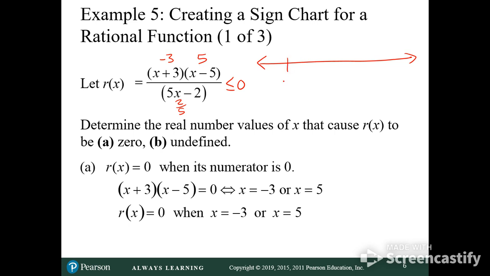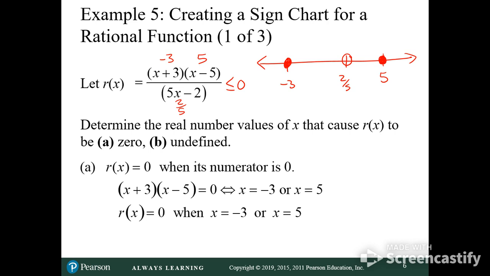So -3, and then 2/5, and 5. Now you'd have a filled in circle here, and a filled in circle here, because it's less than or equal to, it has an equal to part. But because this is in the denominator, pay attention to this, those of you who aren't paying attention now, because it's in the denominator, you need an open circle here.